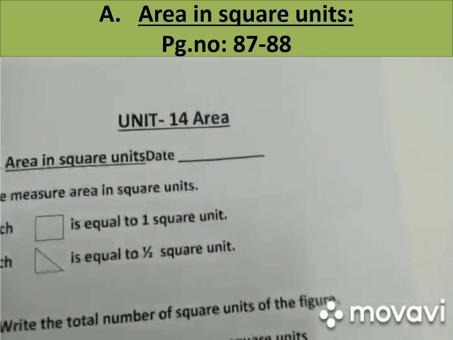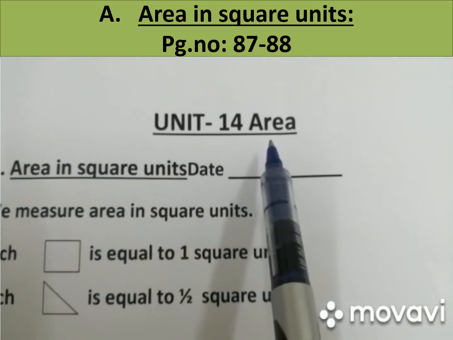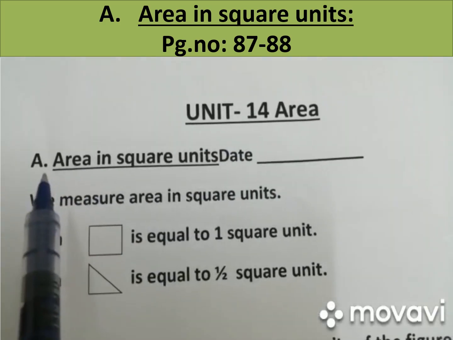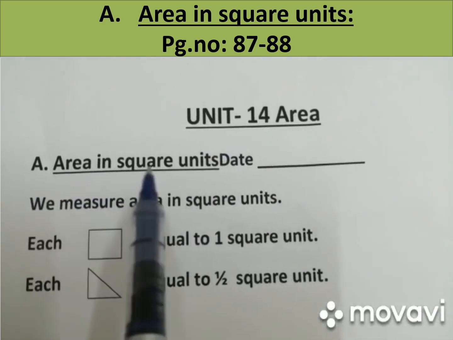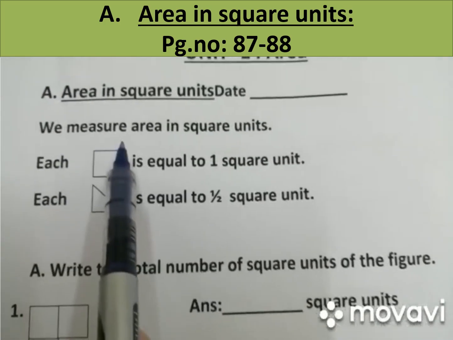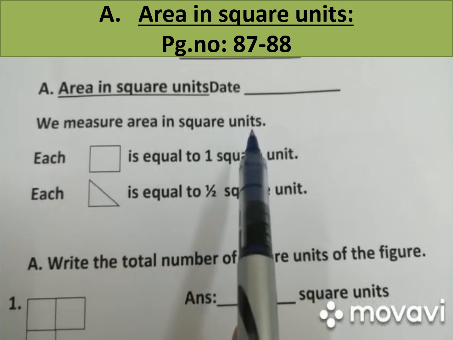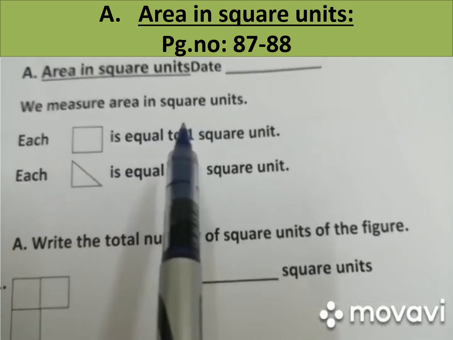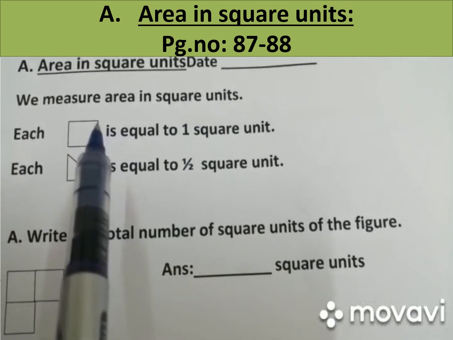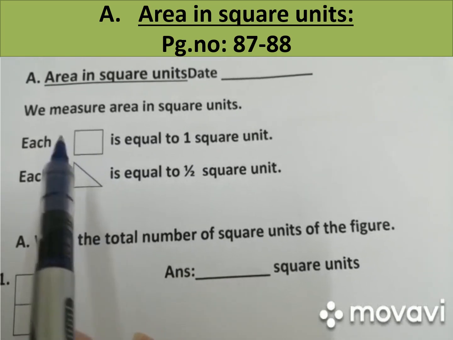See, this is unit 14, and it is area. Part A, area in square units. We measure area in square units, as I told you before. And what is area? It is the surface inside a border, inside any plane shape.